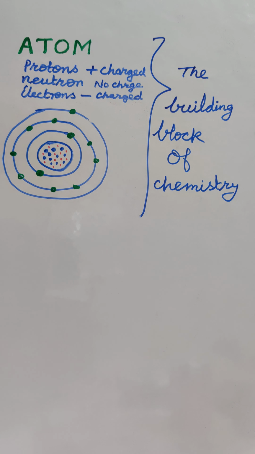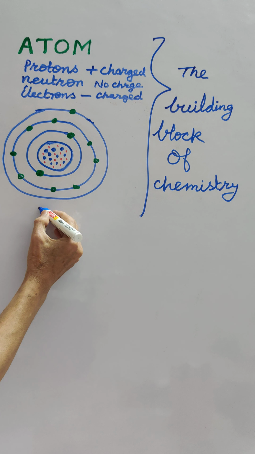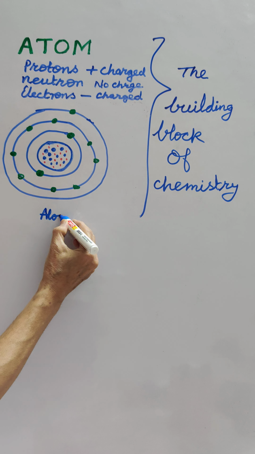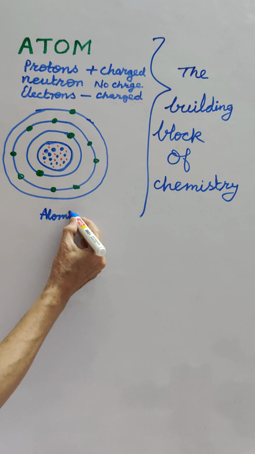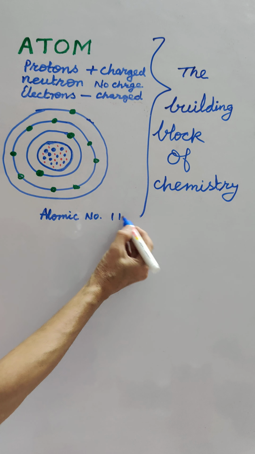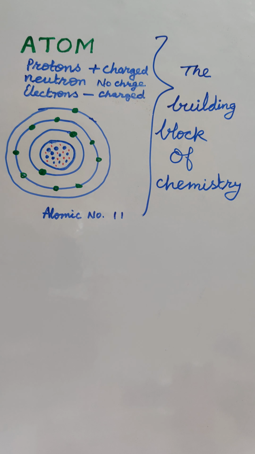This is the atomic structure of sodium, whose atomic number is 11. So there are 11 electrons. Atomic number 11 means there are 11 electrons, 11 protons and neutrons may be 12 or 13.